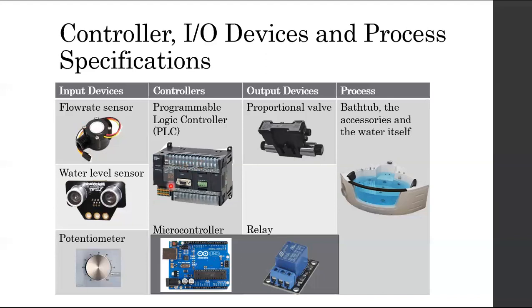So, meron ditong analog input kasi may mga PLC na walang analog input, no? By the way, PLC are digital devices, kagaya ng microcontroller. They are digital devices. Ibig sabihin, they operate in binary signals, high and low, 0 volts, 5 volts. So, digital yon.